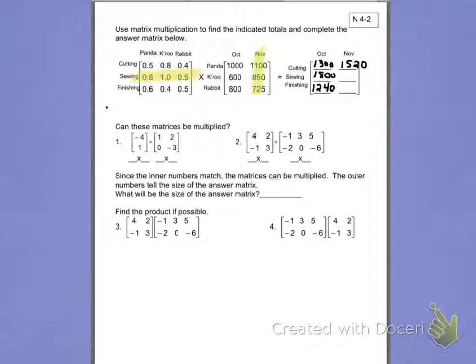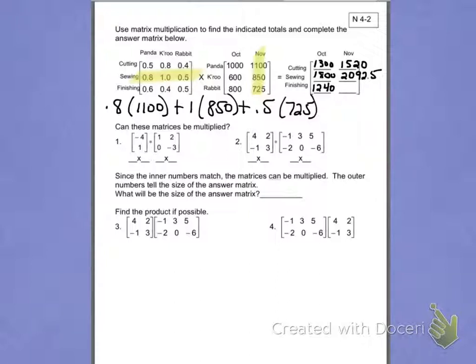And that's 0.8 times 1100 plus 1 times 850 plus 0.5 times 725. Add those all together, and you can do these in your calculator, but that should be 2092.5. I'm kind of getting outside my matrix, but I can't write that small.